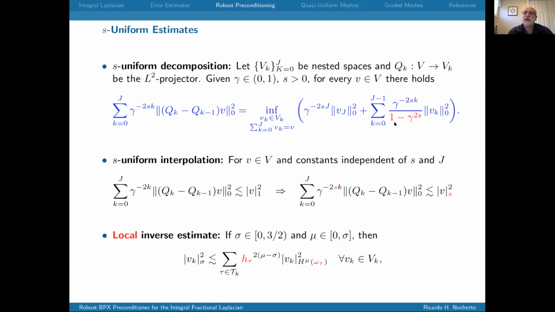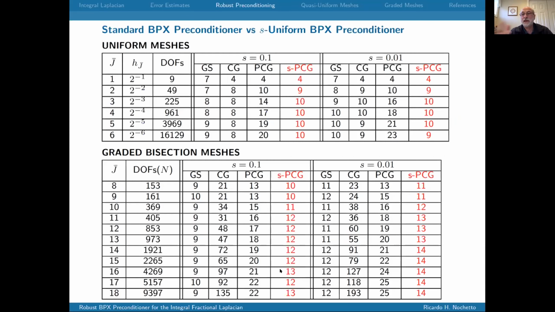And so, in a sense, it penalizes the coarser scales. And this is consistent with my comment before, that the coarser scales, when we get close to the identity, should play much less of a role, and for the identity should play no role. So this is the result that we obtain. And together with S uniform interpolation, so with constants independent of level and S, and local inverse estimates for fractional norms, then we can do the theory.